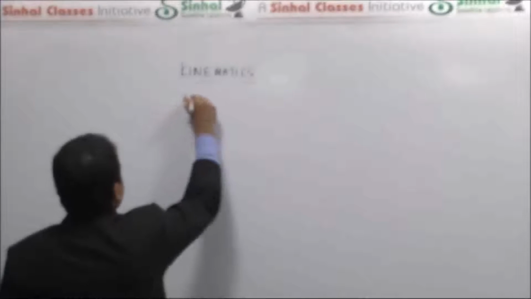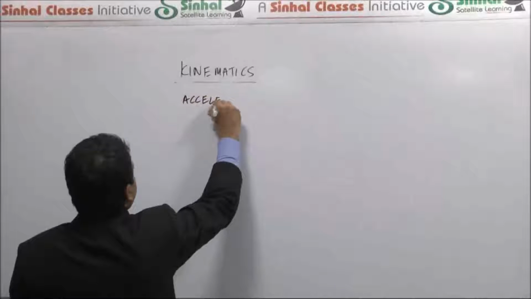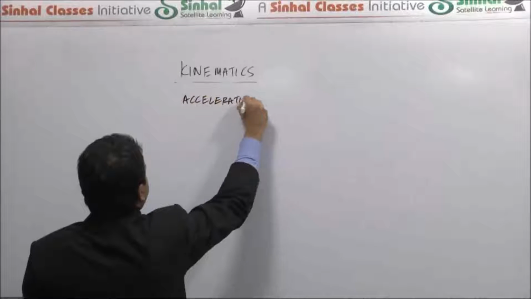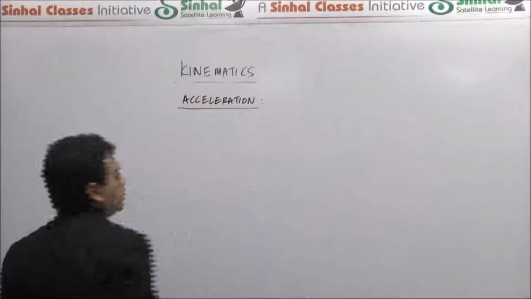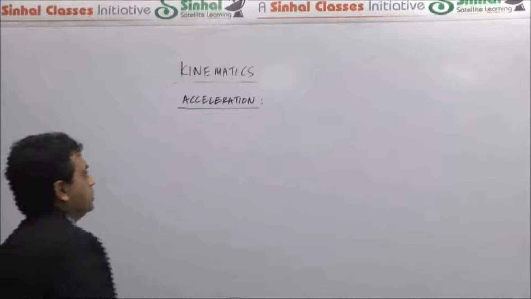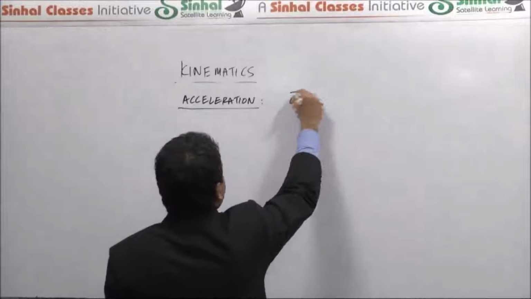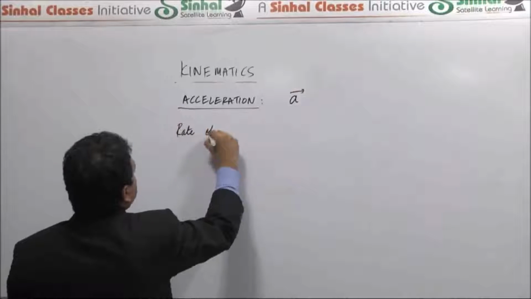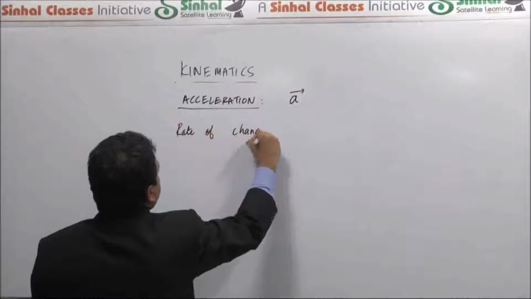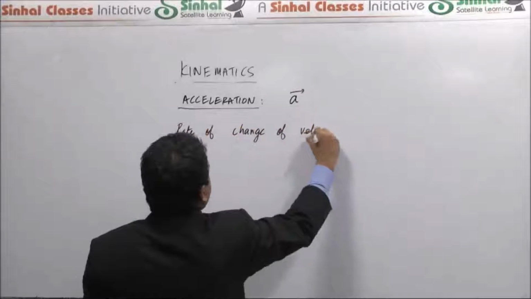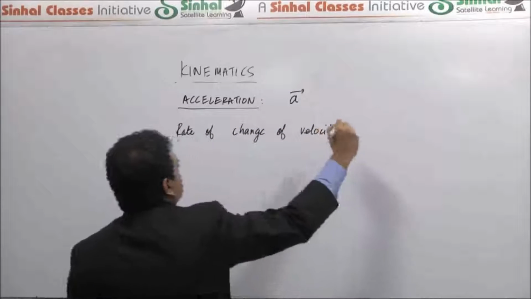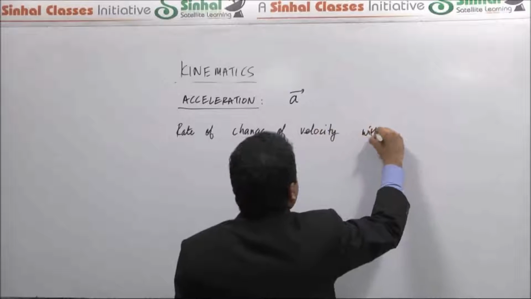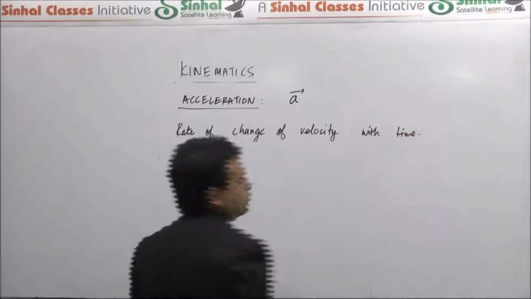Next definition we'll see is that of acceleration. Generally denoted by the symbol a, acceleration is defined as the rate of change of velocity with time. Okay.